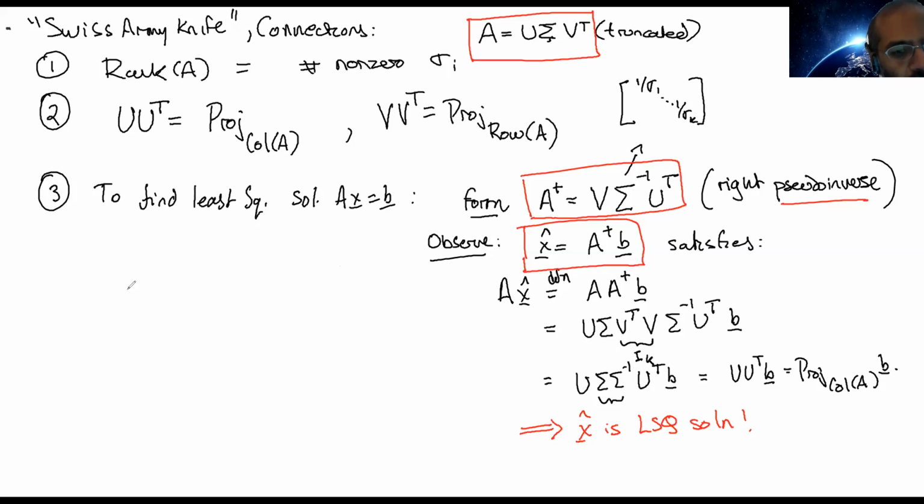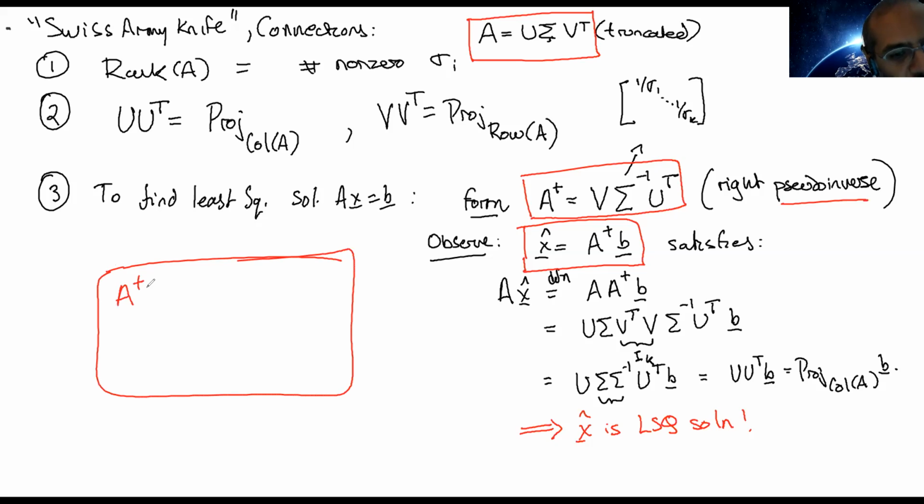Okay, so here's another way to think about what the pseudo inverse means. I won't prove this. Let's suppose you have this linear transformation from the row space of A to the column space of A, x goes to A x, right?